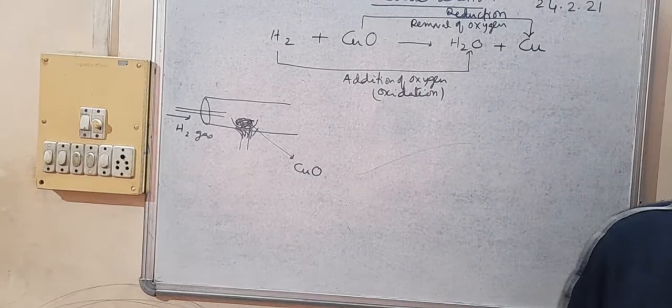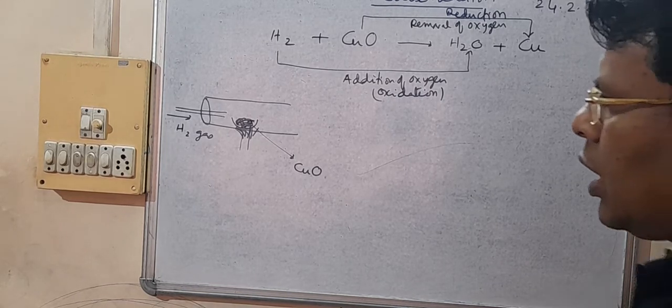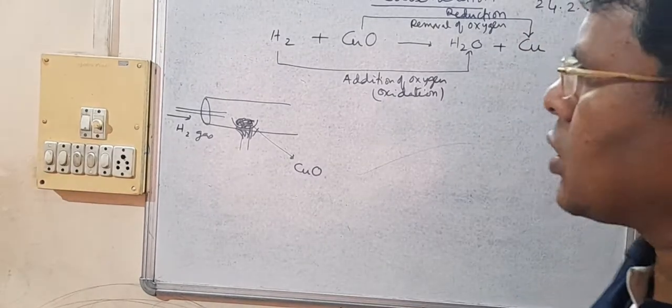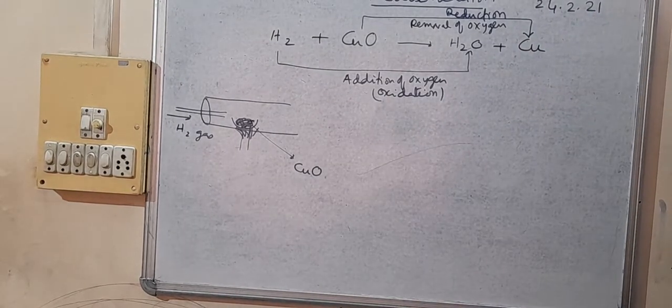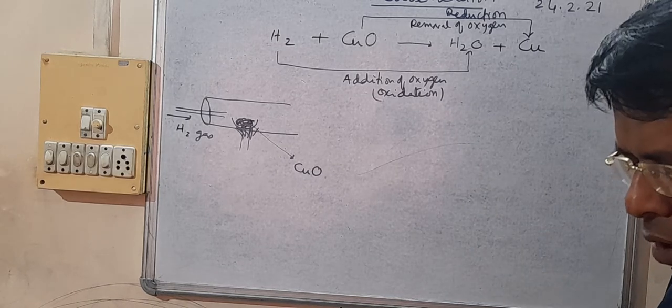So what we are seeing here is that oxidation and reduction are taking place simultaneously, and such a reaction where oxidation and reduction take place simultaneously is called a redox reaction. This is one concept of oxidation reduction. This is actually the old concept.